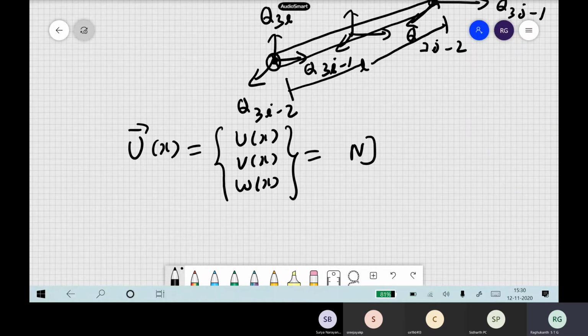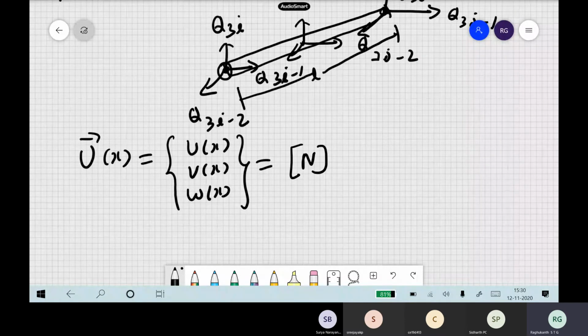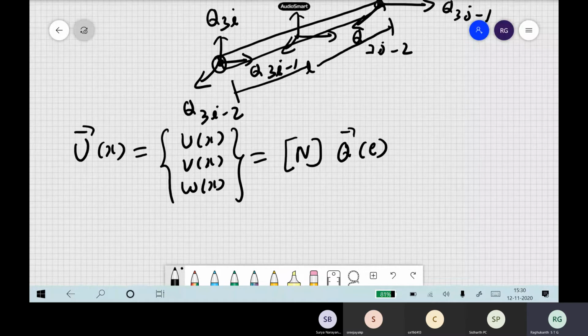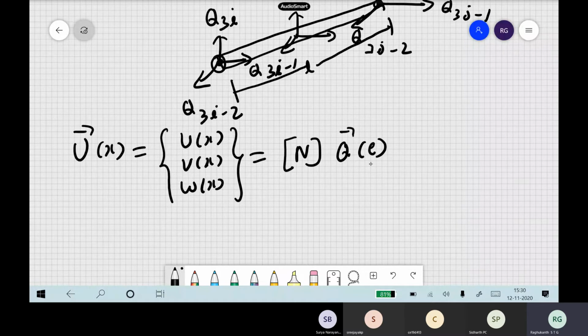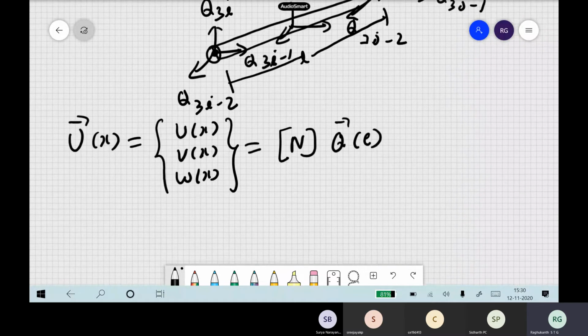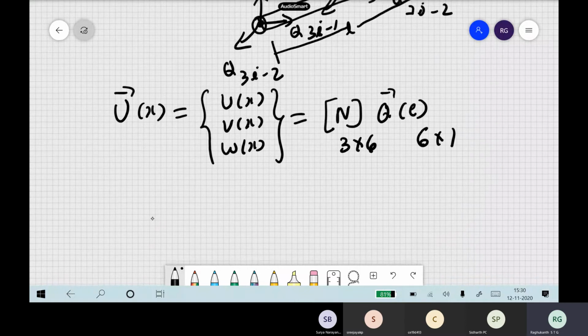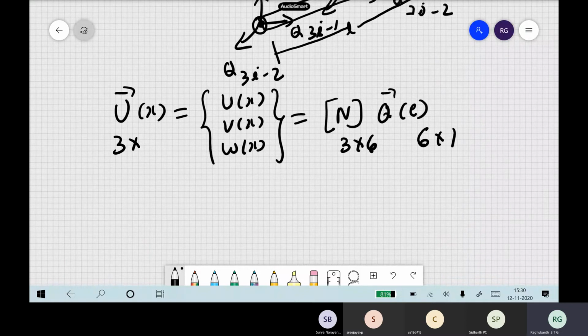Already we have derived for this element the mass matrices and the shape functions in the previous class. Now what will be the size of this matrix? q will be 6 by 1, the shape function matrix will be 3 by 6, and the displacement will be 3 by 1.